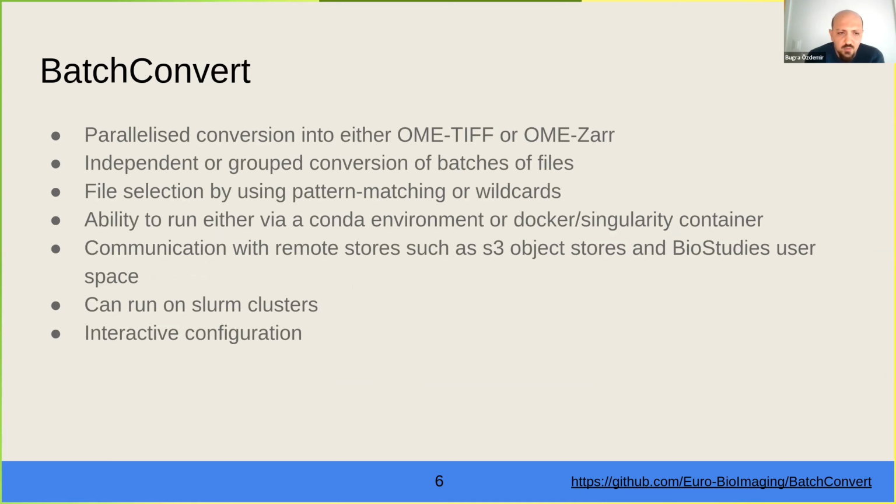It is capable of running either via a Conda environment or via a Docker or Singularity container that we have on Docker Hub. And it can communicate with remote stores, as I said, S3 buckets or BioStudies user space, and can also run on Slurm clusters. We also provide interactive configuration of all these different processes.